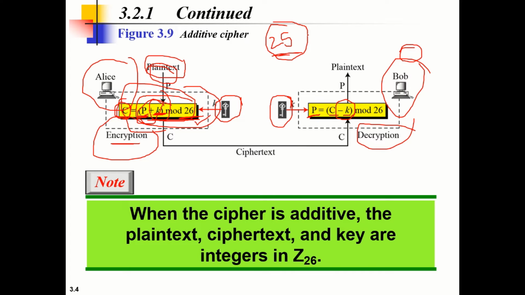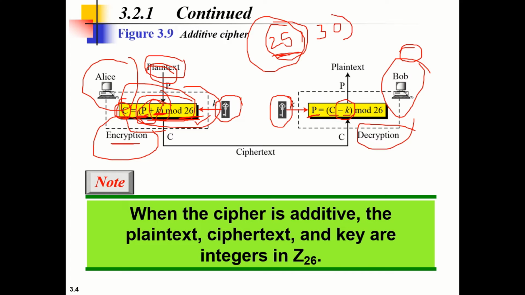Say, for example, the value of key is 5 and I add 5 to 25. As a result, what do I get? I get 30, right?